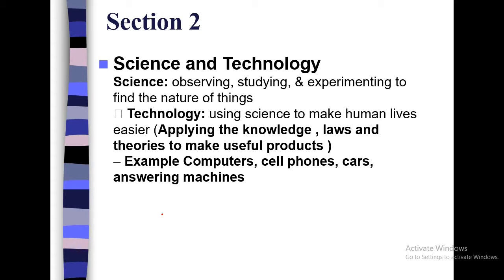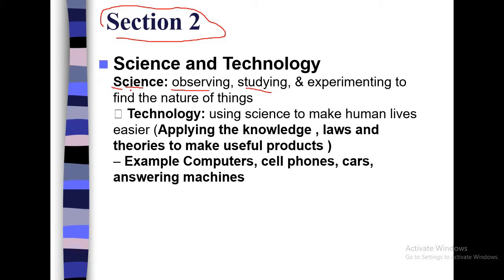Today we are going to continue Chapter 1, Introduction to Science. Let's start with Section 2, Science and Technology. Science means observing, studying, and experimenting to find the nature of things.